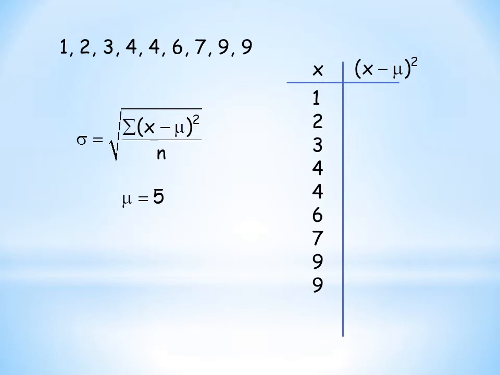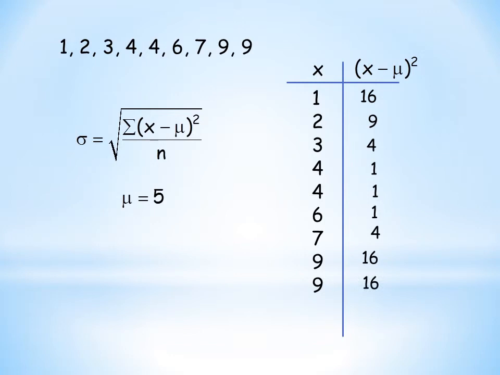So if my average is 5, to get the values in this second column, I'll say 1 minus 5, which is minus 4, square that, which would be 16. Go down to the next one. 2 minus 5 is negative 3. Square that and get 9. Go down to the next one. 3 minus 5 is negative 2. Square that and get 4. And so on and so forth all the way down your chart.